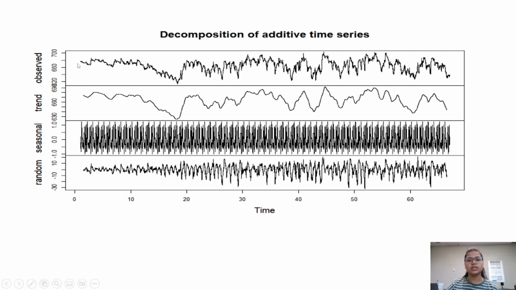The observed gives the observed value, the trend shows us the trend of our data, and random means the noise, which is the unwanted variation in our data.